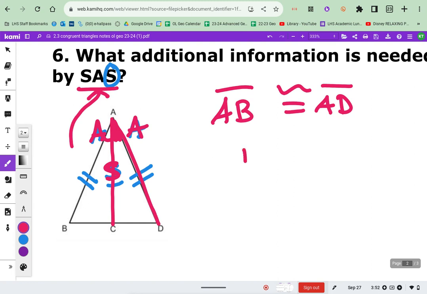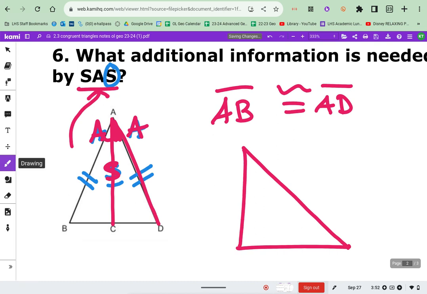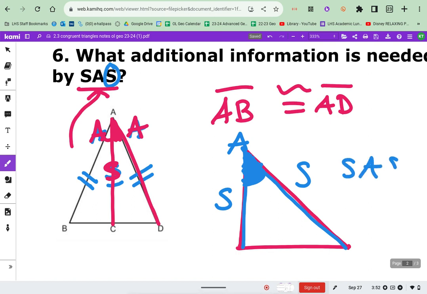If I draw a different triangle, and I draw the angle right here, the sides have to be this one and this one, because those are the only sides touching that angle. So it has to be side, angle, side, because if I draw a line across my angle, I'm touching both of my sides. So we write side, angle, side to show that the angle is touching both of our sides.